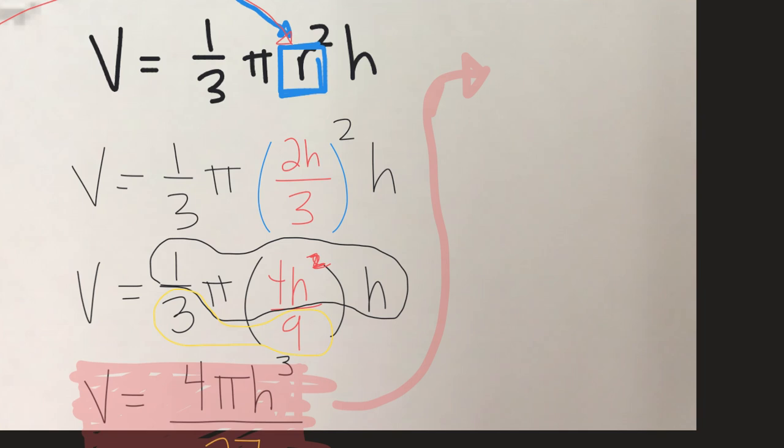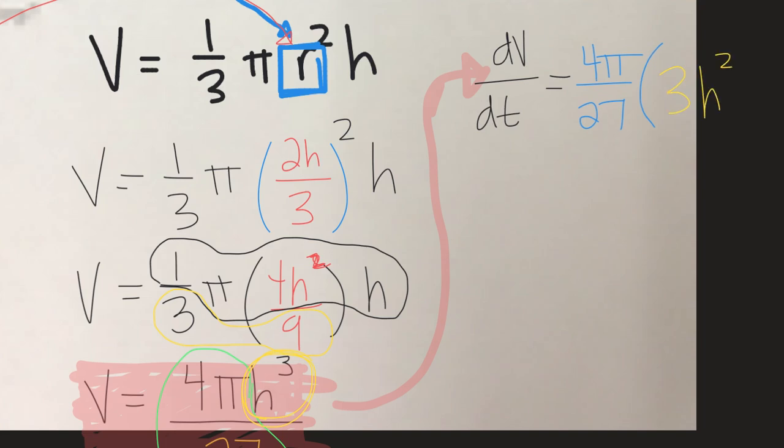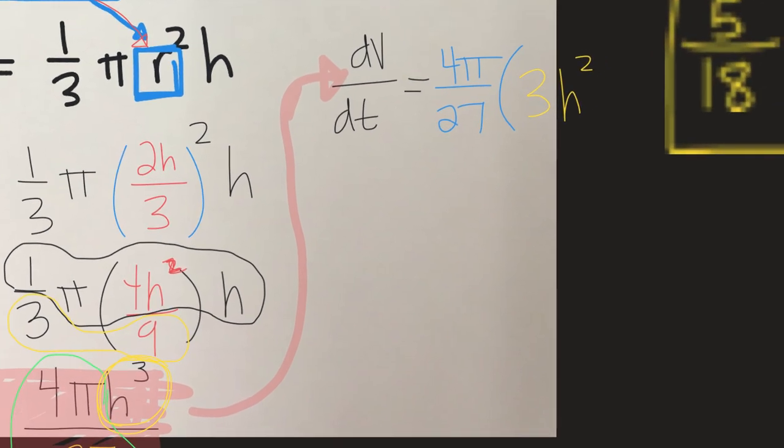We start with dV dt, the rate of change of our volume with respect to time, equals, what are my constants? 4 pi over 27. Those are all of my constants. Now, what's the derivative of h cubed? 3h squared times dh dt.